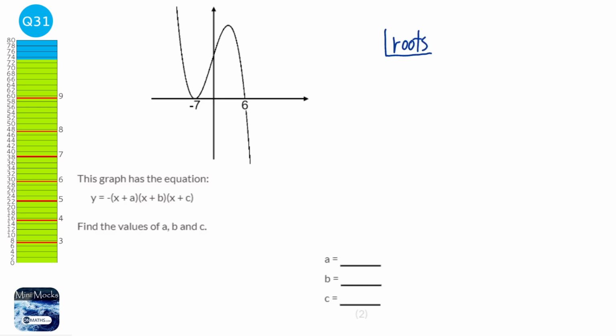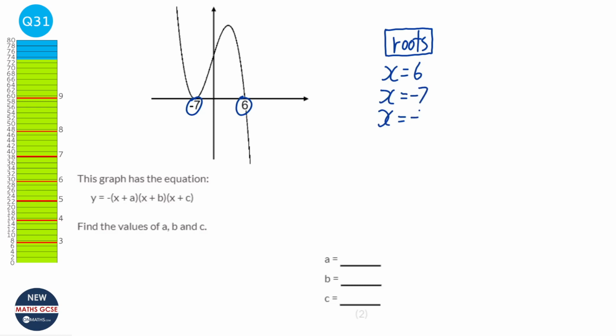So the roots are where the line crosses or touches the x-axis. So here we can see it touches it at 6, so when x equals 6. And here, now this is an interesting one, it actually touches it twice. It touches it at -7 the first time going down, and then it touches it at -7 going up.